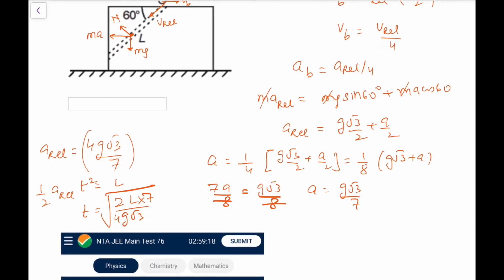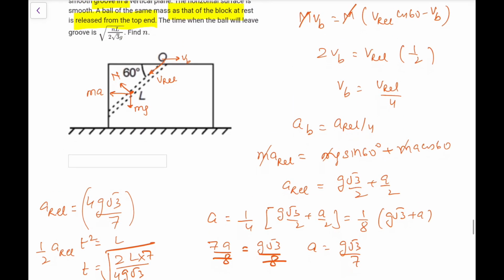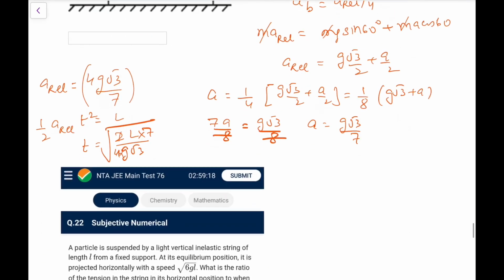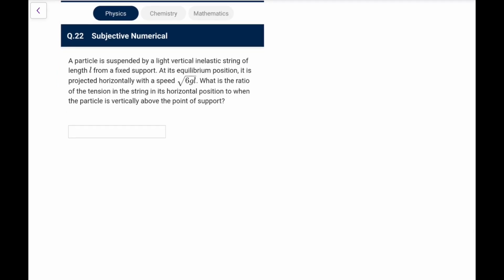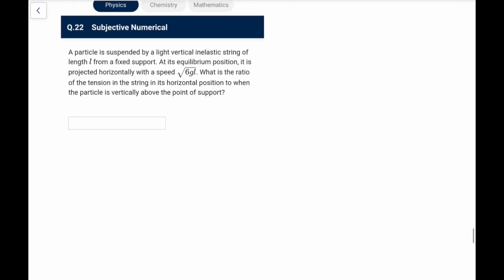Putting this a relative, I missed this 4, so 4 will also be there. So now it comes in that form. This would be 2 and 2, so it would be 7. So n is 7. Again, it's a really nice question, not an easy one, very nice question of the constraint and all. So this is how you will do it.